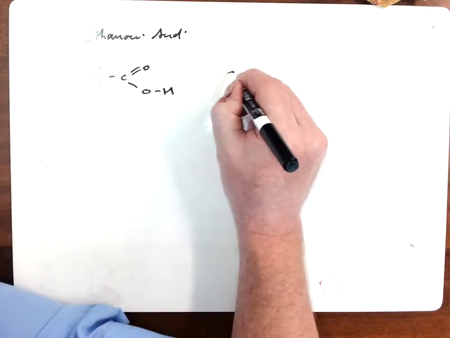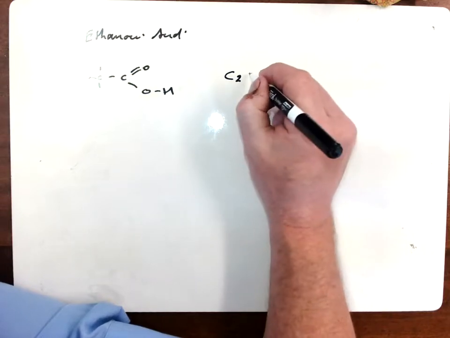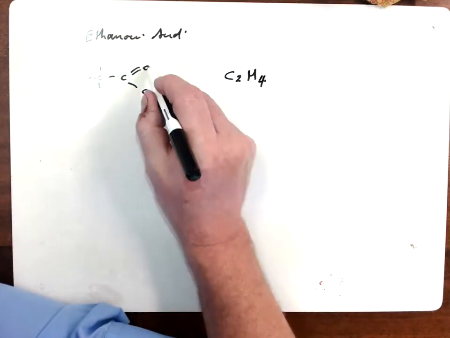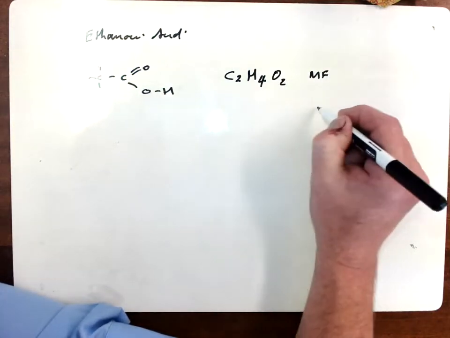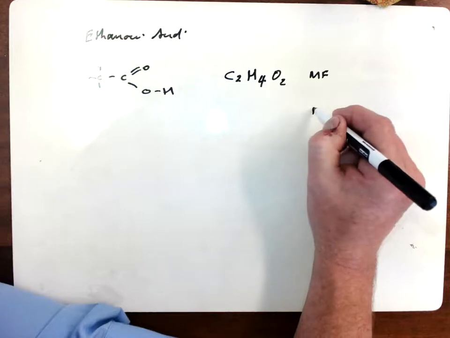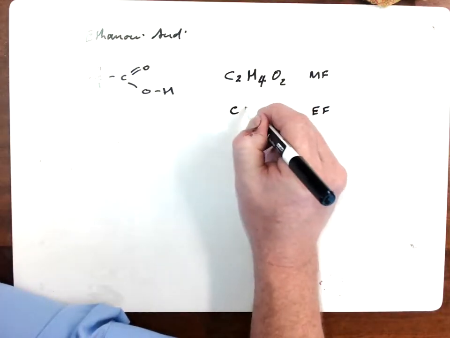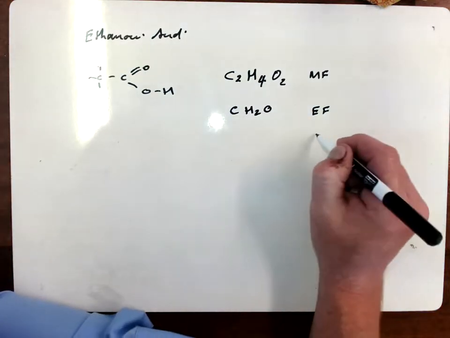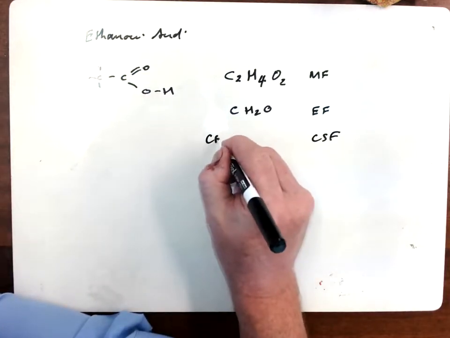Then we would do our molecular formula. We have 2 carbons, we have hydrogens, 1, 2, 3, and 1 there is 4, and we have 2 oxygens, so that's O2, that's my molecular formula. Then I would have my empirical, and this time it does reduce because everything there is divisible by 2, so it goes to CH2O. Then I would have my condensed structural formula, so I abbreviate that to CH3.